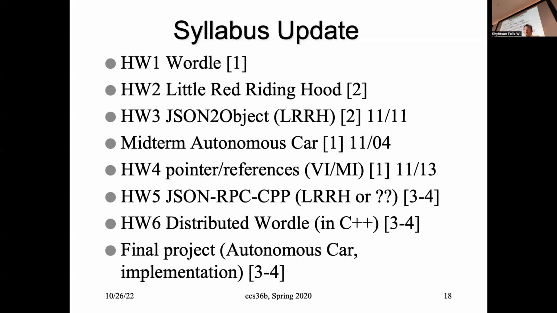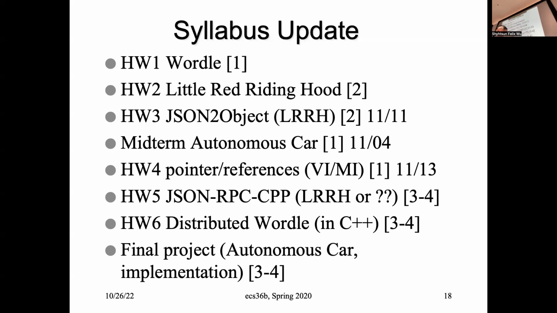Essentially, homework 3 extends your own code from homework 2 by adding another function called JSON to object. From a C++ object, you reproduce a JSON string which represents the content of the object. That's the dump to JSON, which some of you already did for homework 2.